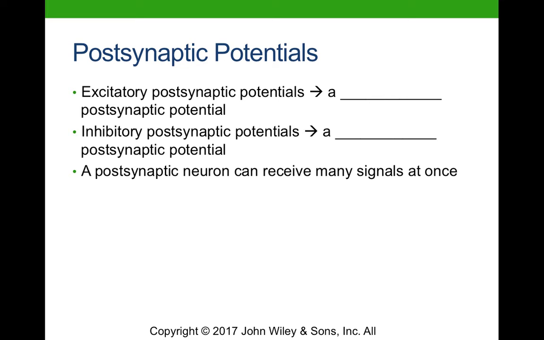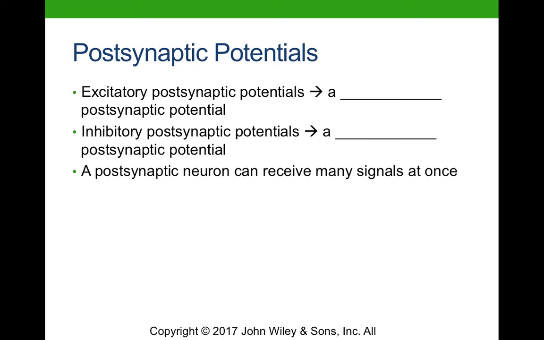However, if the inhibitory effect is greater than the excitatory effect, the membrane will hyperpolarize, creating an inhibitory postsynaptic potential with failure to produce a nerve impulse.